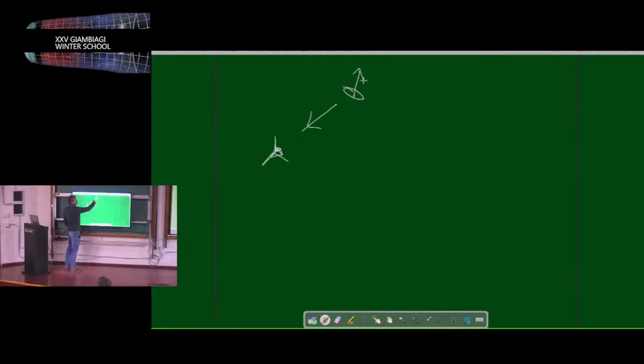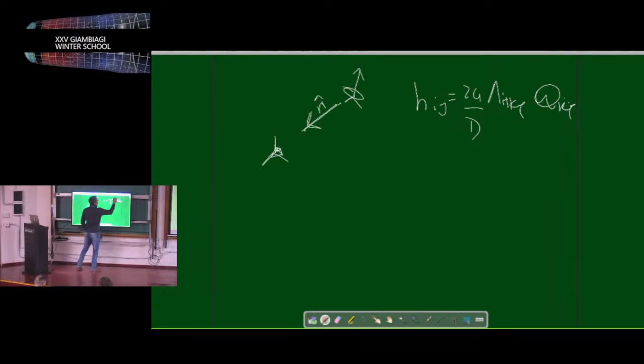This axis has nothing to do with the direction of propagation and nothing to do with the axes of the detector. If you want to know how h_ij depends on the orientation of the binary, those are the 2 angles in the projector that enters. Here you have n, the direction of propagation.